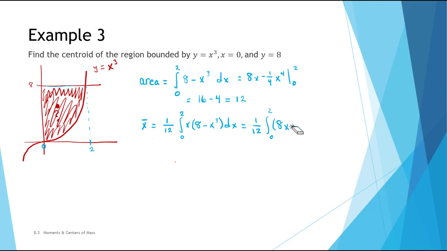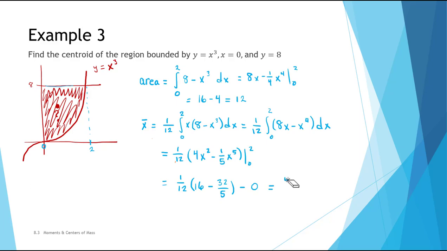So we integrate 8x minus x to the fourth with respect to x. Then our antiderivative is 4x squared minus 1/5 x to the fifth. We evaluate at 0 and 2. We get 1/12 times 16 minus 32 over 5. When we plug in 0, we get 0. And this gives us 4/5 overall.